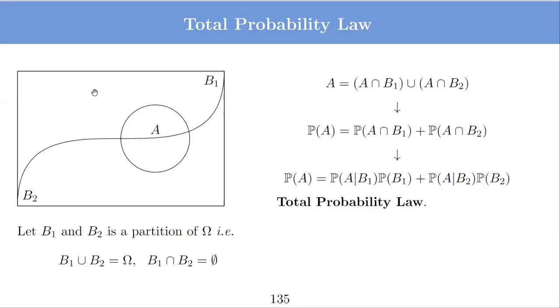Okay, so this is the probability of A and B1 both occurring. This is the probability of A and B2 both occurring. If you add them, you will get just the probability of A, right? Because one of B1 or B2 will always occur. So the union of these two will be just the probability of A. This is known as the total probability law, and we will be using it multiple times.